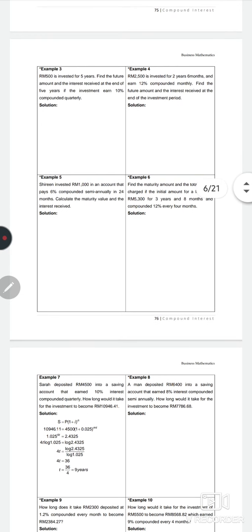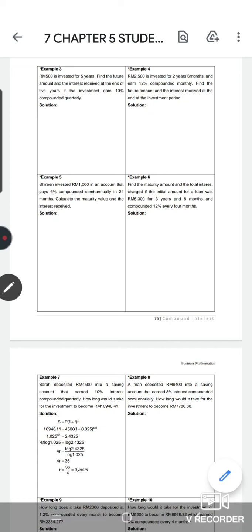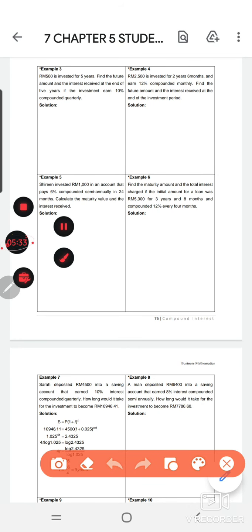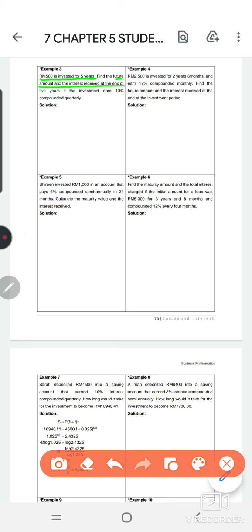Okay, example 3. RM500 is invested for 5 years. Find the future amount and the interest received at the end of 5 years if the investment earns 10% compounded quarterly. Okay, same as example 2. So you need to put the info here, which is P equals 500. Note down the information first.